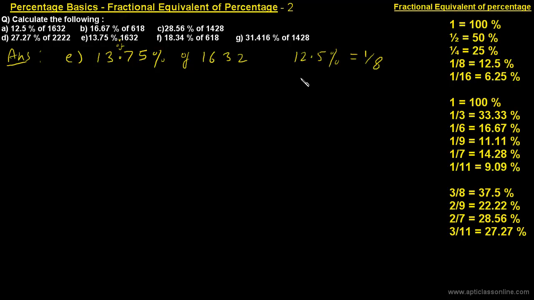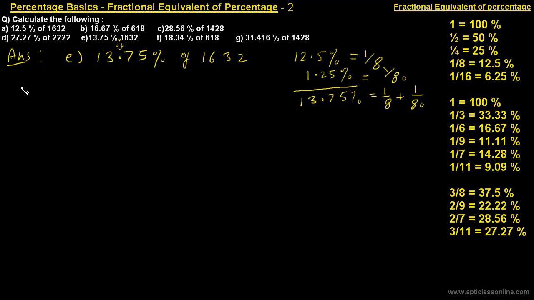It is bigger by 1.25%. If you add 12.5% and 1.25%, we get 13.75%. Now 1.25% in fractional form: if 12.5% is equivalent to 1 by 8, dividing it by 10 gives 1 by 80. So 13.75% is nothing but 1 by 8 plus 1 by 80.